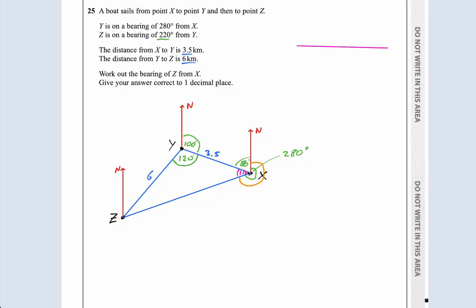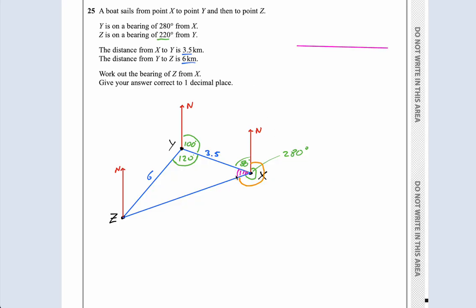So if I get this angle here, and I know this angle is 80, then I can subtract from 360. So if I had the pink angle and I know this is 80, then 360 minus this total angle will give me the bearing that I want. So that's my plan. Get the pink angle, and I have the solution. How do I get the pink angle?